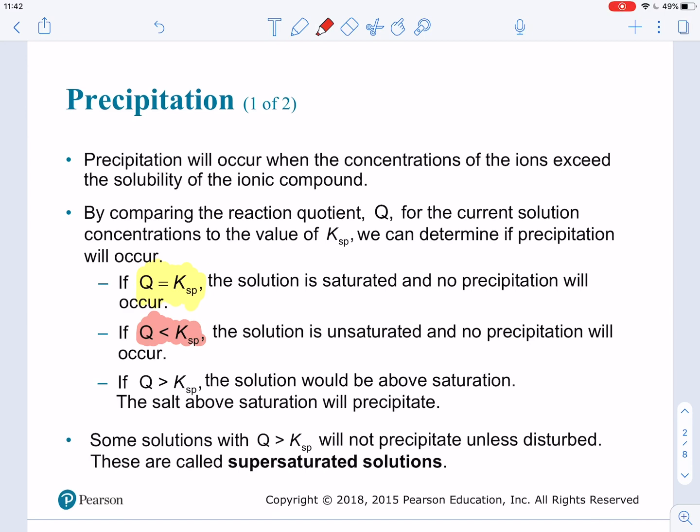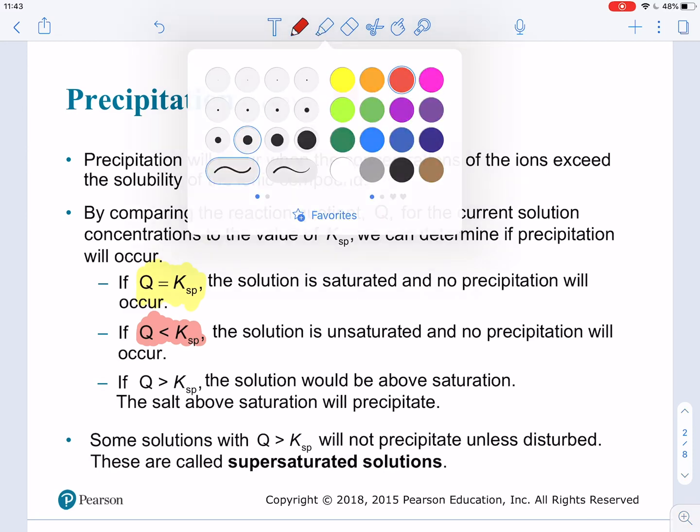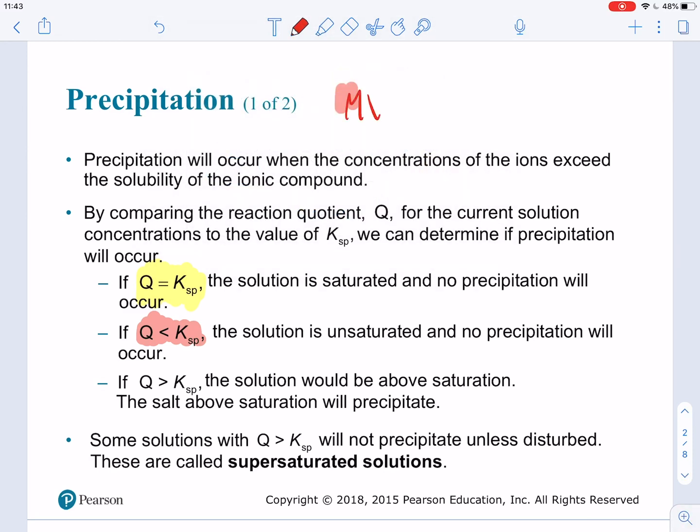Remember that Q being smaller than KSP means that the concentration of the products are smaller than they are supposed to be. If we look at the equilibrium, let's say we have MX, which is a solid that is in equilibrium with its ions, and let's assume that they are monovalent.